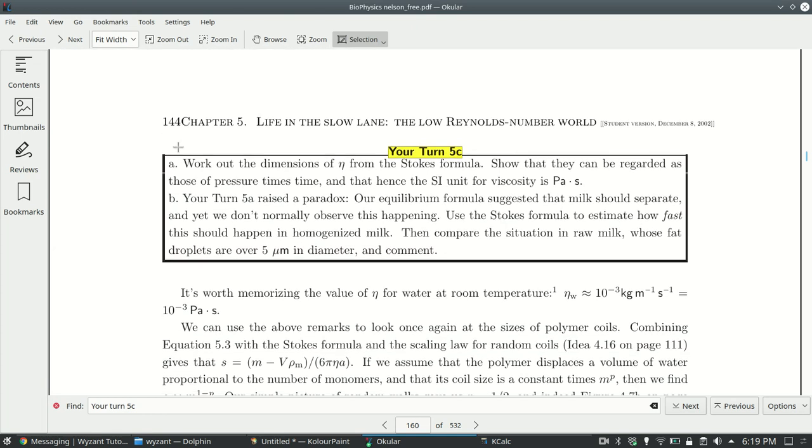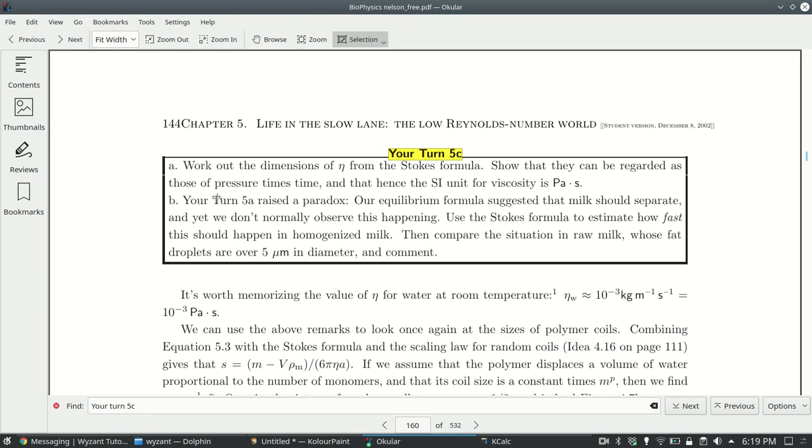I mean, a vanishingly small number, I think. And that's going to be in homogenized milk. And then we're going to try it again with raw milk, with a 5 micron fat droplet size.